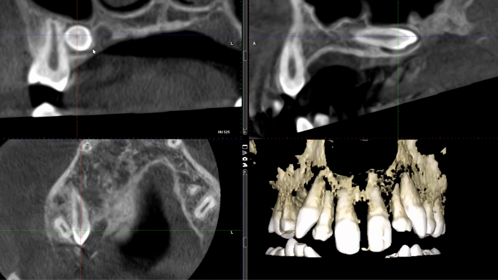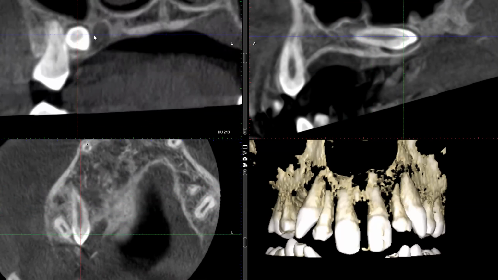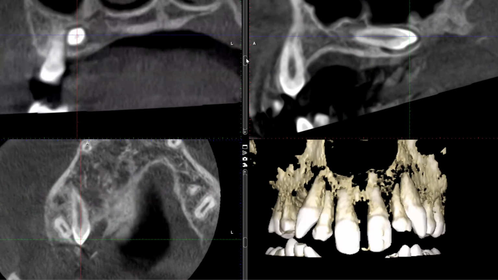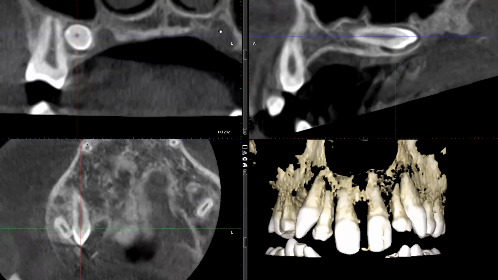Looks like it's been thinned or disrupted along its root. And that concavity that you see is not a pathology, but a normal anatomic feature that you often see along the base of the palatal cortical plate. So we see that bilaterally.